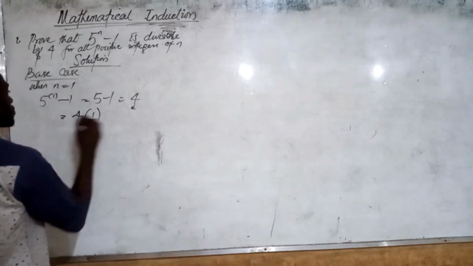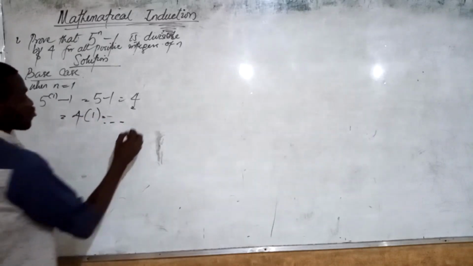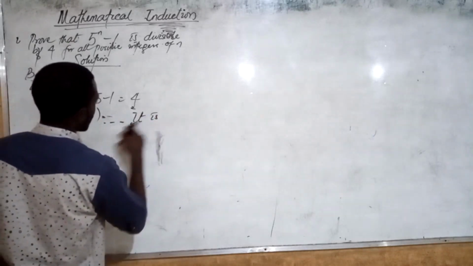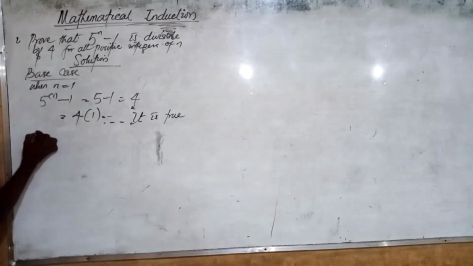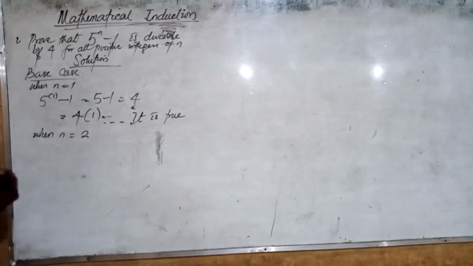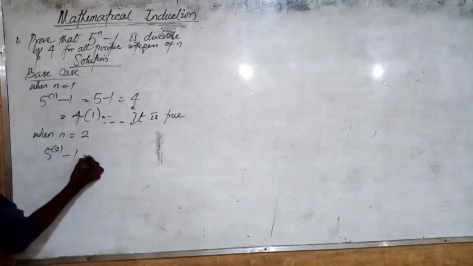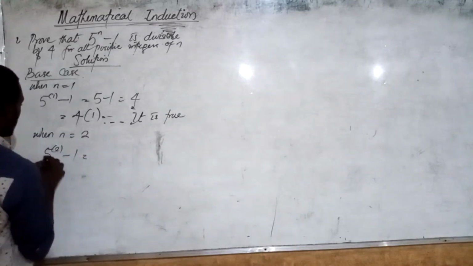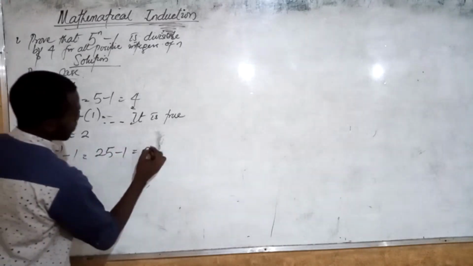So we'll now say that it is true. Having proven the first base case, we can go further to test for when n equals 2, because it's possible to be true for 1 and not be true for 2. So we have 5 raised to the power 2 minus 1. 5 raised to the power 2 is 25, minus 1, and that becomes 24.